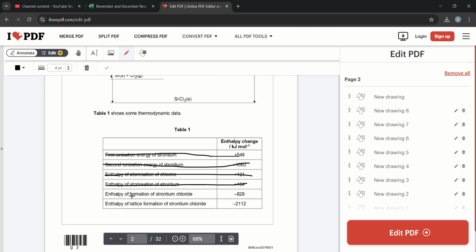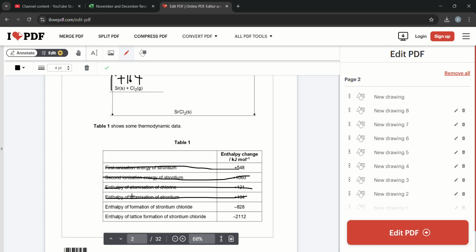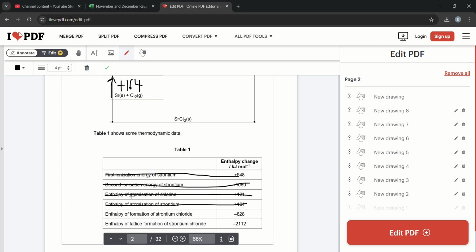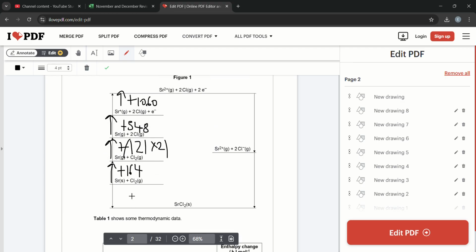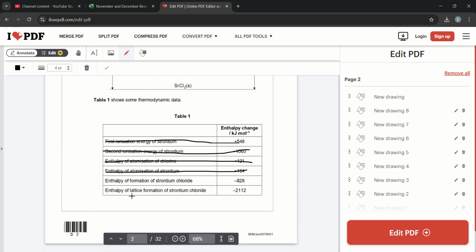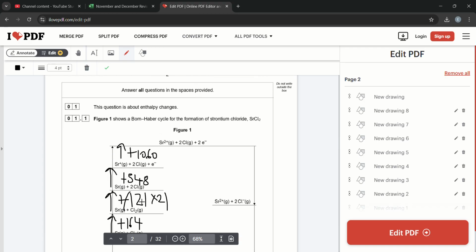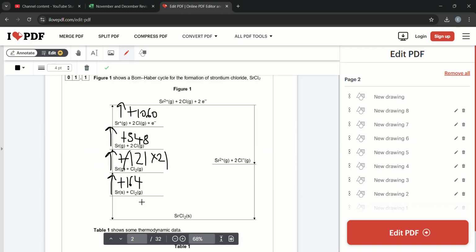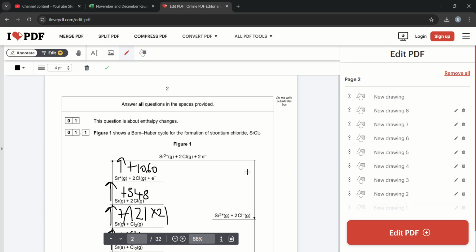Enthalpy of formation of strontium chloride, so minus 828, and what we're trying to find is the electron affinity of chlorine. We're trying to find this value.